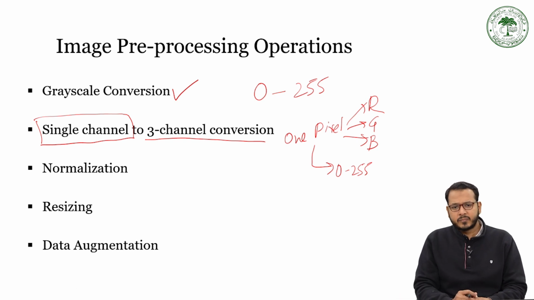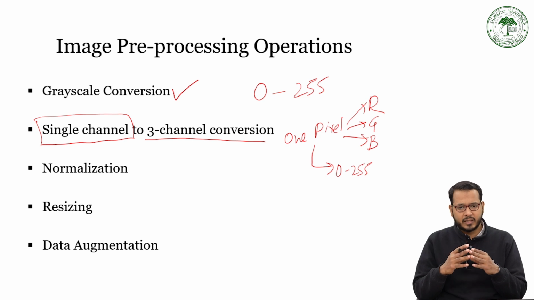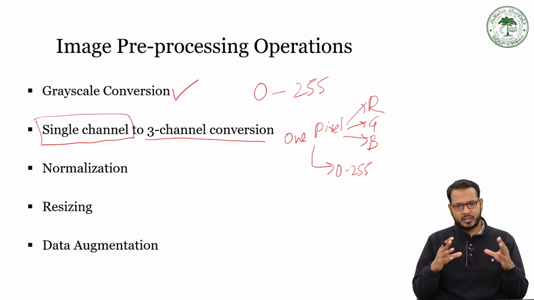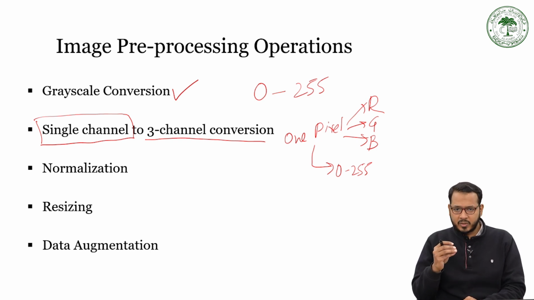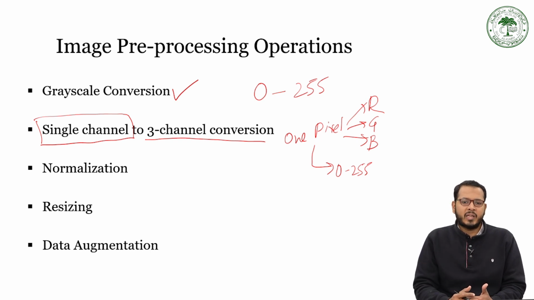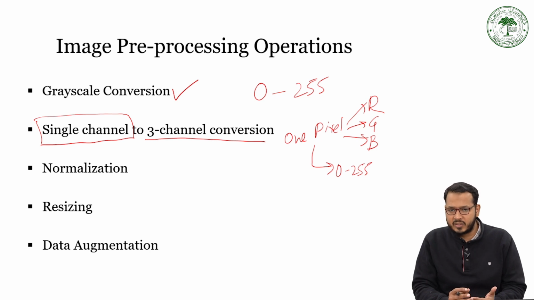But this process typically involves that rather than making a grayscale image into a color image, if you view the 3-channel image converted from the grayscale image, you will not see colors, because this process of one channel to 3-channel conversion typically involves duplicating the same grayscale values across the 3 channels.